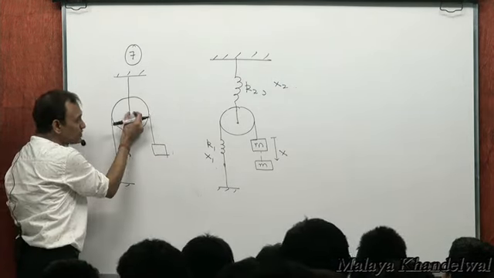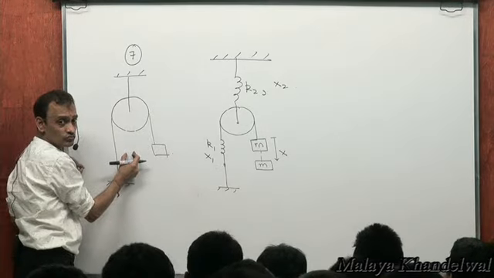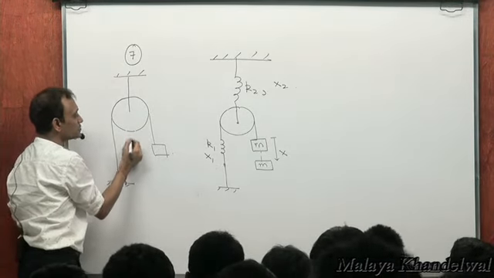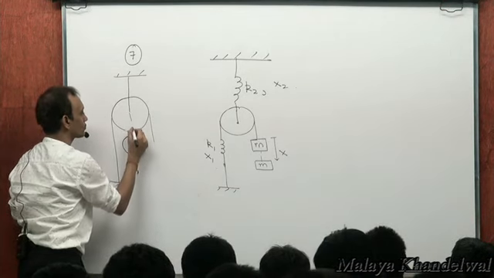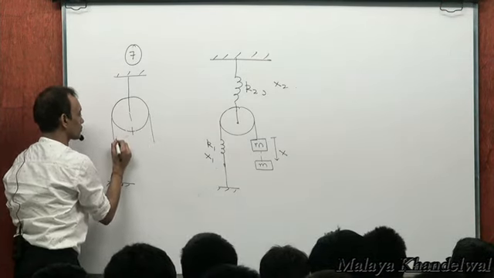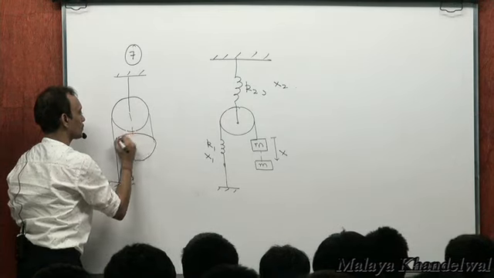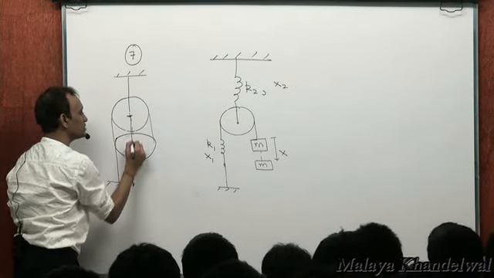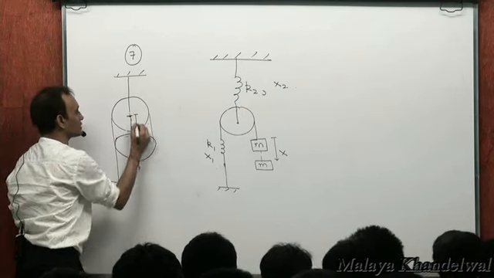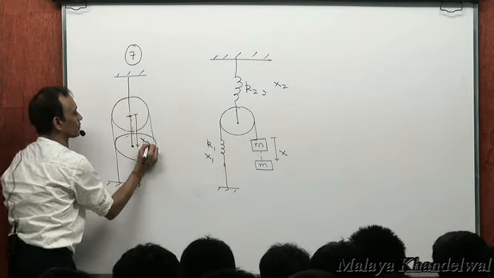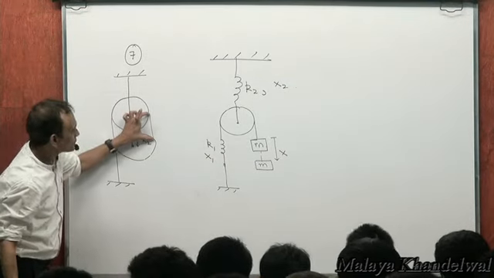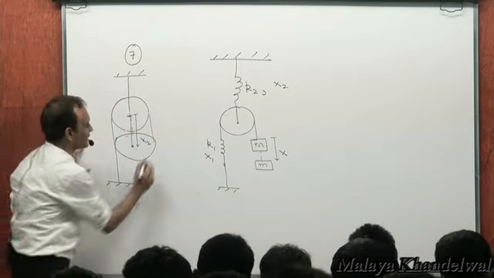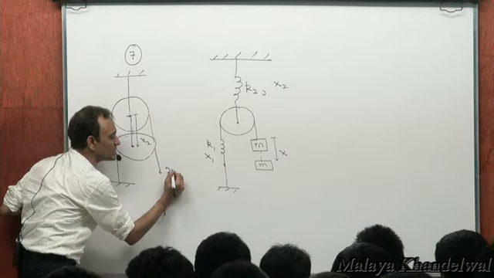That means if this pulley descends by an amount x2, this part of the string will be released, and it will result in a descent of this mass by an amount 2x2.